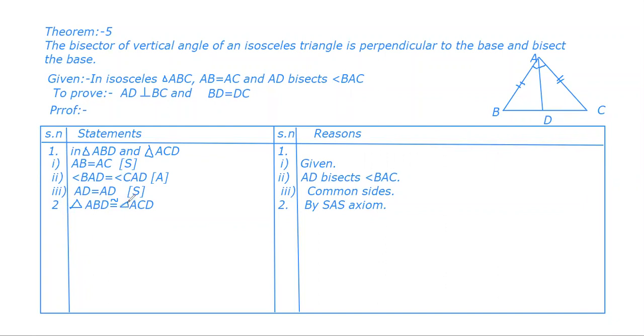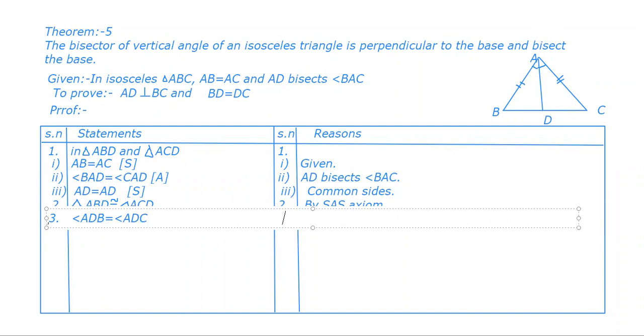Now we have to prove that they are perpendicular. For that, if these two triangles are congruent, their corresponding angles must be equal. So angle ADB equals angle ADC.